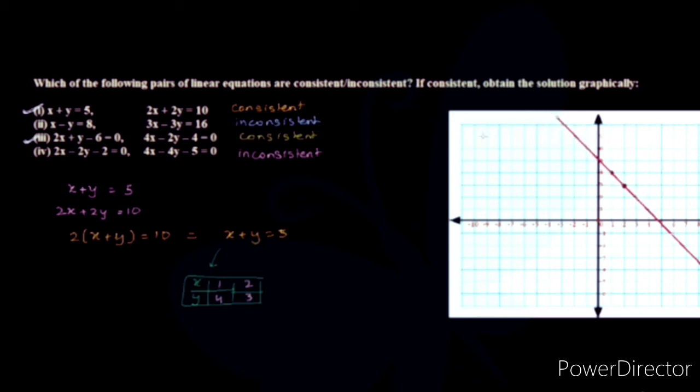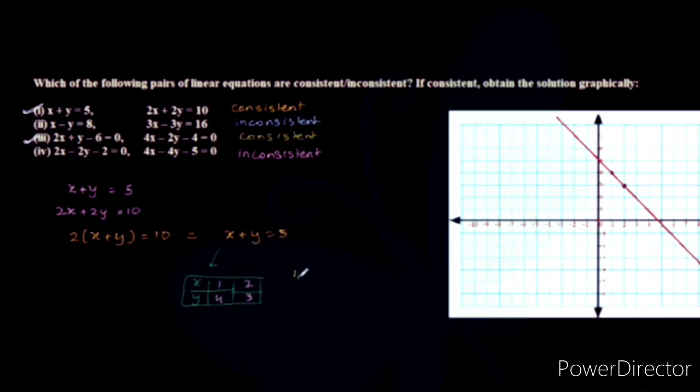Alright, this implies that both of these linear equations have the same line as their graphs. So every solution to the first one is also a solution to the second one. Okay, so you can say there are infinite solutions.